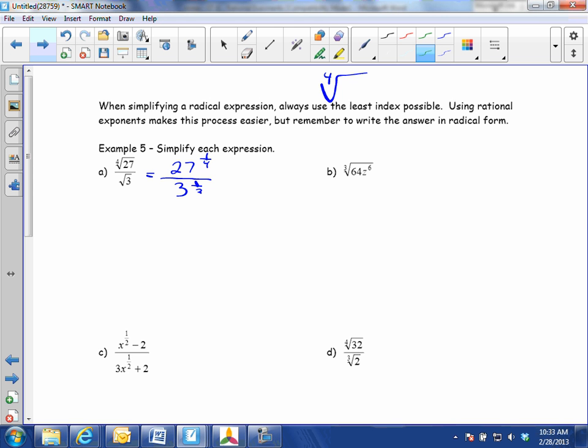Can I take 27 and write it somehow with another exponent so that I have a base of 3? 3 to the what gets 27? 3 to the 3rd is going to get us 27, right? And it's still the 4th over 3 to the half. So we've got a power to a power. What are we going to do with those exponents?